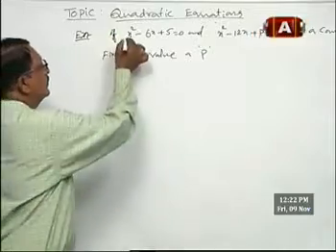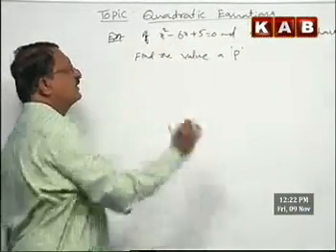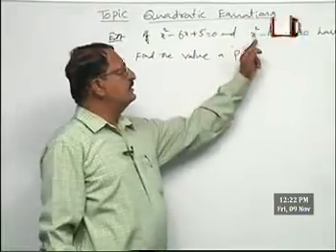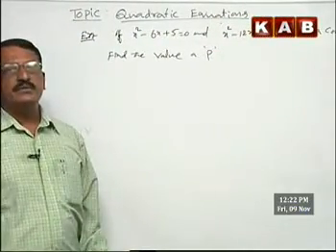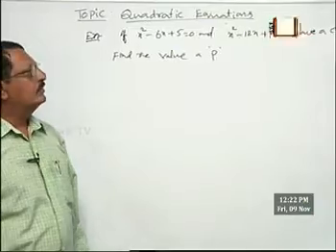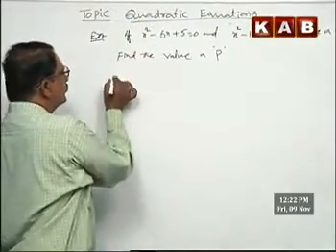Now, first equation x square minus 6x plus 5 equals 0. Second equation x square minus 12x plus p equals 0. These two quadratic equations have a common root. Now, require the values of p. Solution.